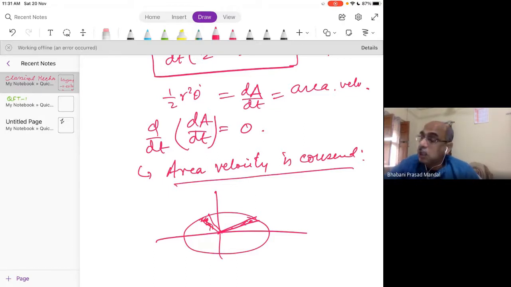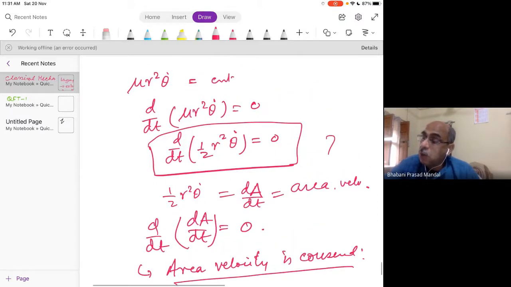So the area here and the area here will be the same. That is the areal velocity being conserved, and that is true for Kepler's problem. Now I am saying that is true for any central force problem, but I have to explain how this is the areal velocity.